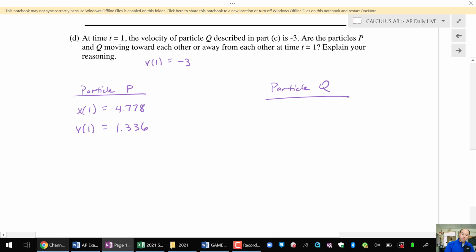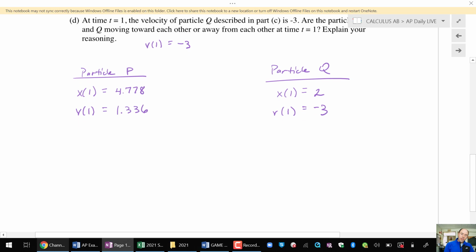Particle Q, so its position at time 1, that was given up there as 2. Its velocity at time 1 is given right here as -3. So what this means is, here's my number line, particle P is at 4.778.